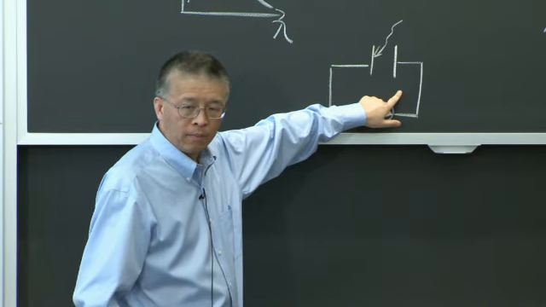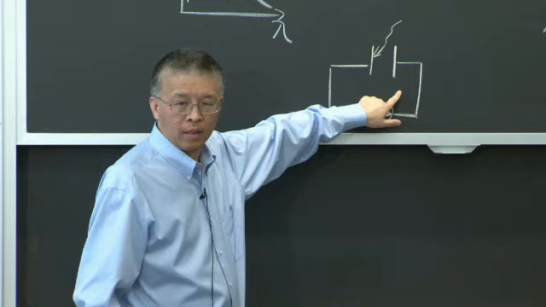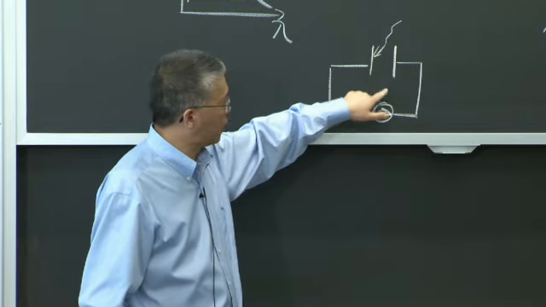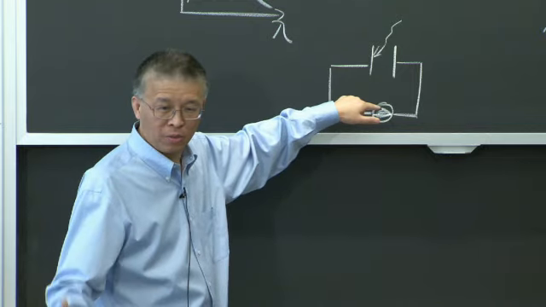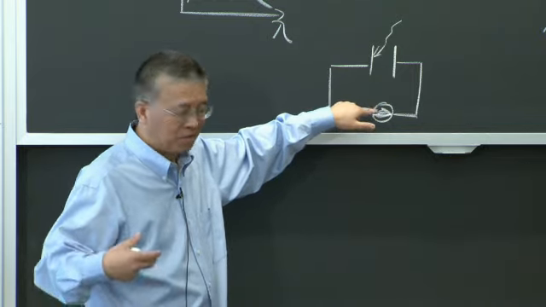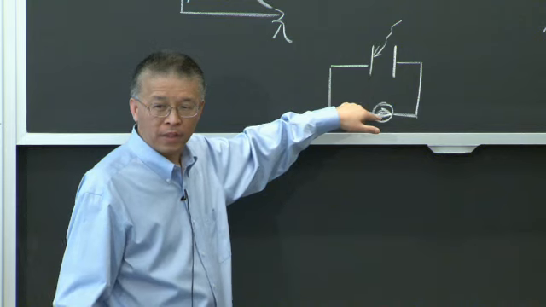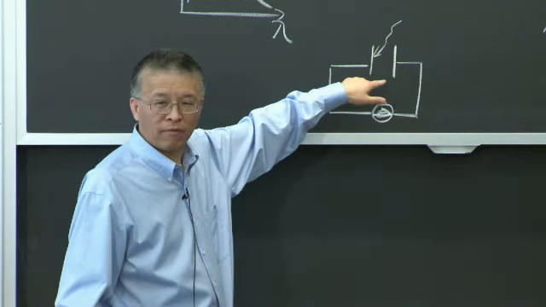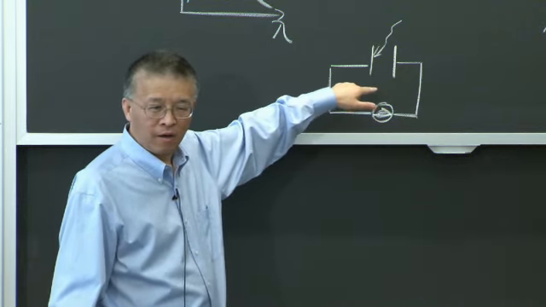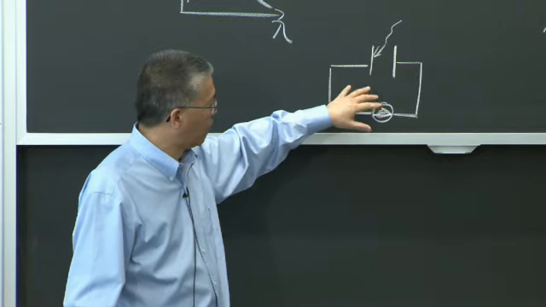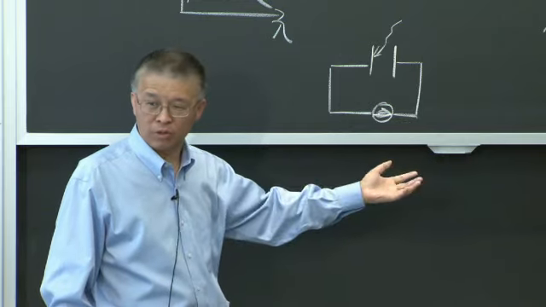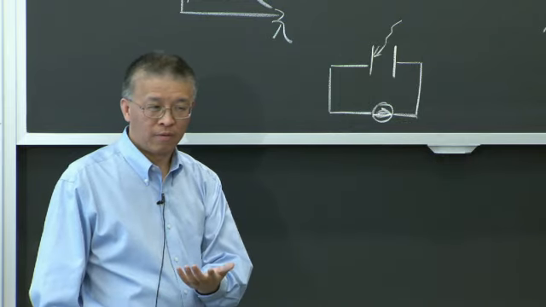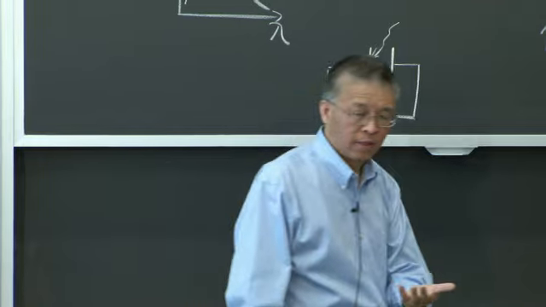But the puzzle was that the current should be proportional to the intensity of light. So the more light that comes, the higher current you have. But the experimental observation is that if the light wavelength is too long, or the frequency is too low, there is no current. So there's a threshold for this photoelectric effect.